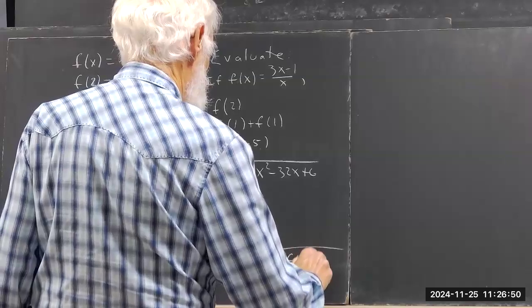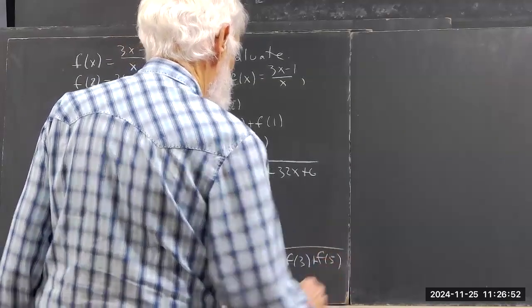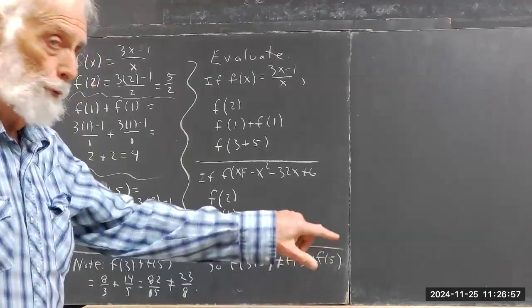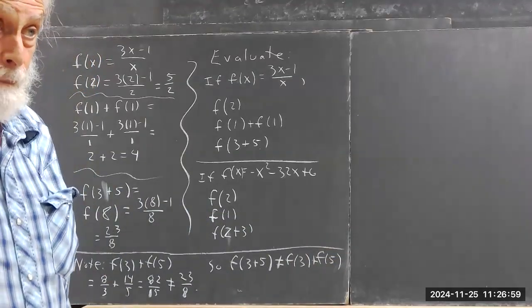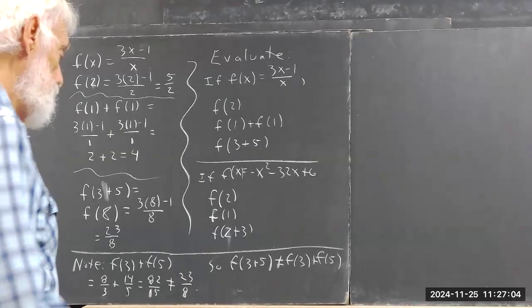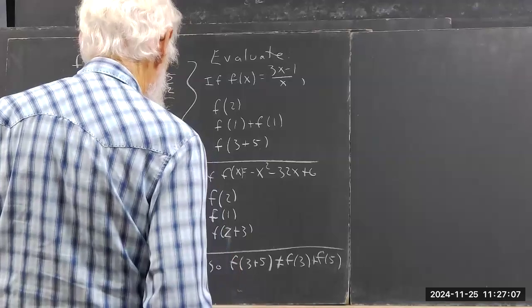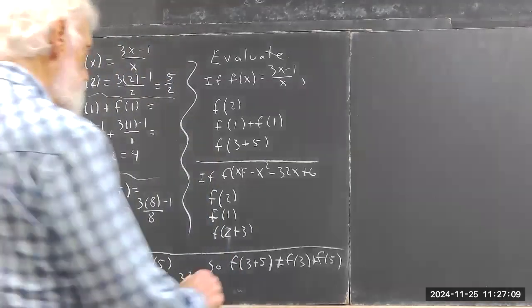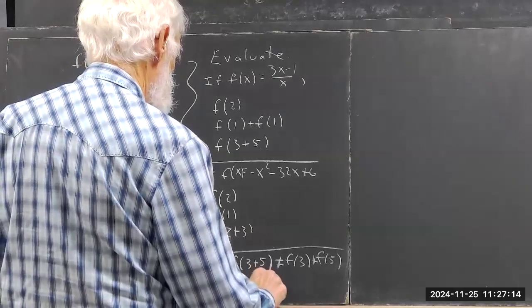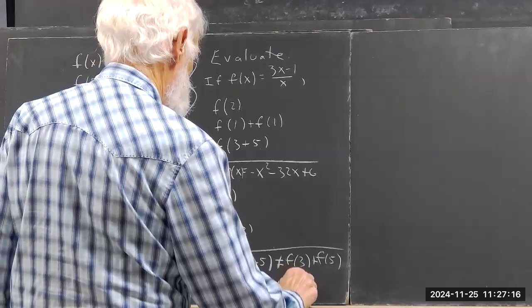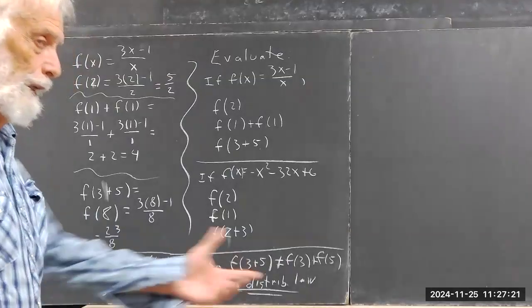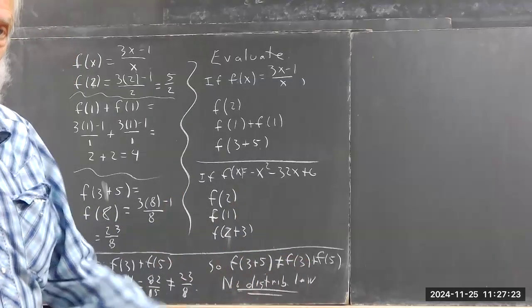So we've proven that f of 3 plus 5 is not equal to f of 3 plus f of 5. There's no distributive law for function notation.